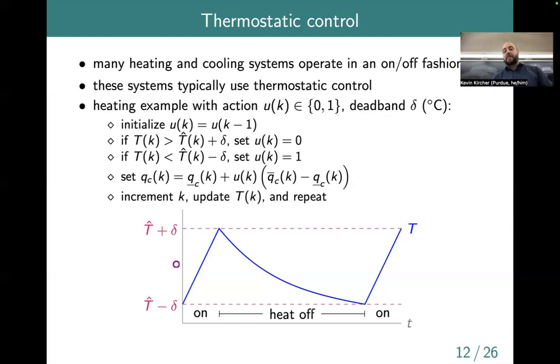You want the temperature to be at some specified T hat, say 72. So look at the error, the difference between the measurement and that desired level. As that error grows, the amount of heat that you supply also grows. It's like trying to drive the temperature back to the set point. And then you wouldn't have this zigzag. You would have a smoother response, it might look sinusoidal, but much smoother. And there, tuning those controllers can get much more difficult.